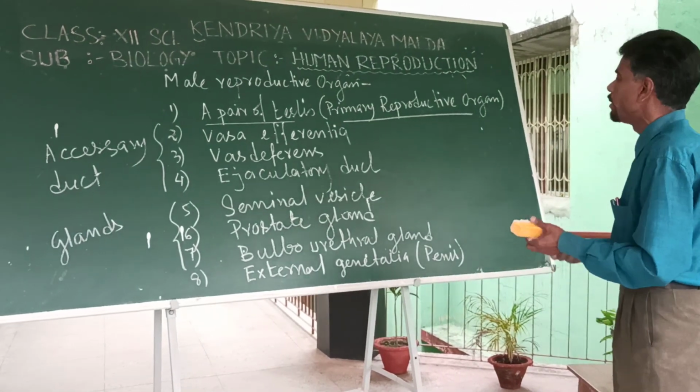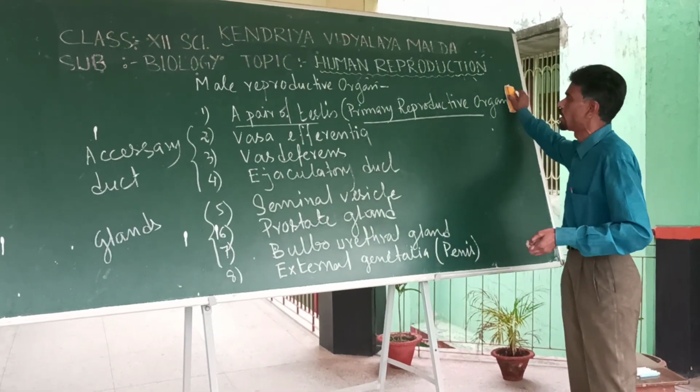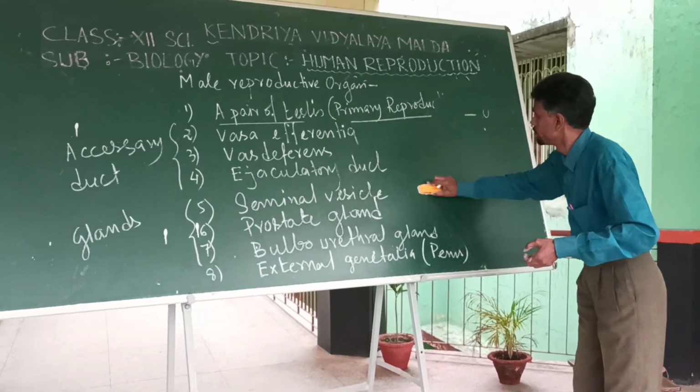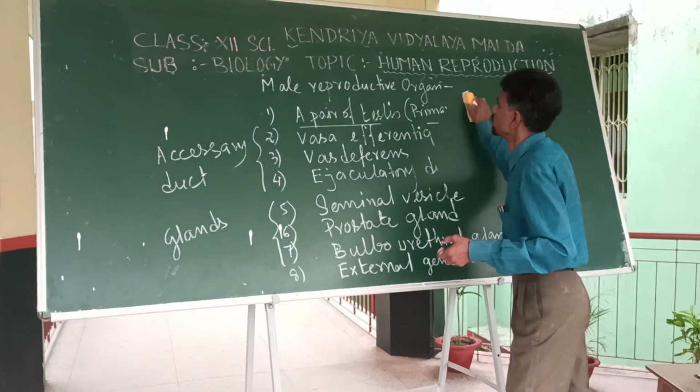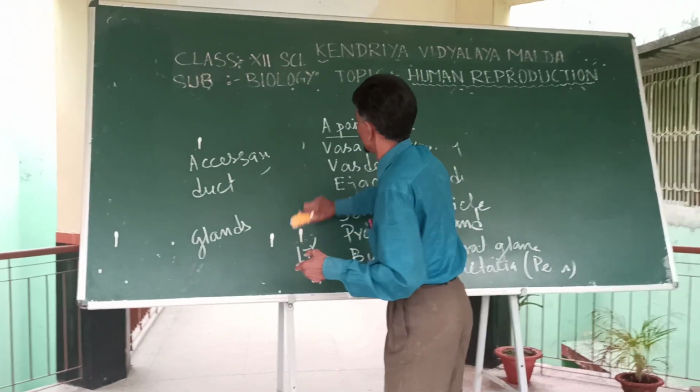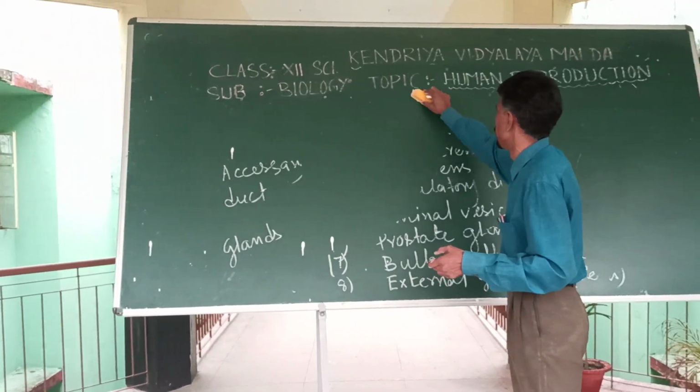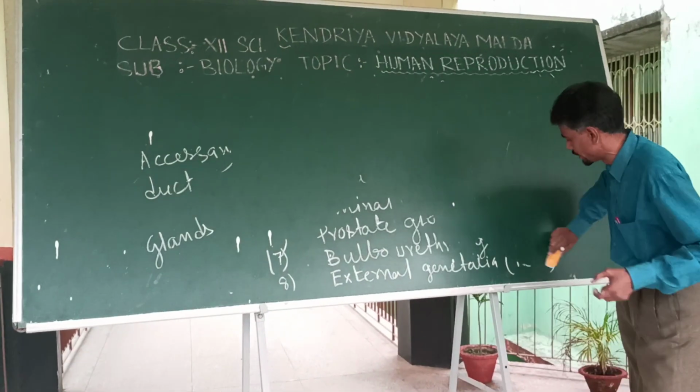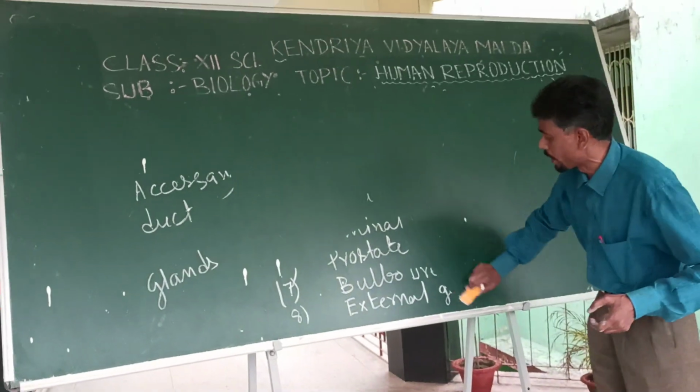Let us go through the diagrammatic presentation of this system. So let me draw a very simple diagram which you can also easily draw in your examination within a short span of time.